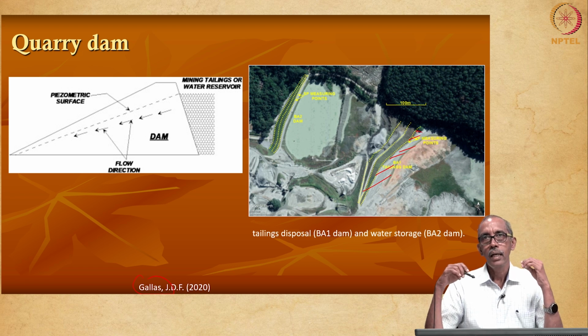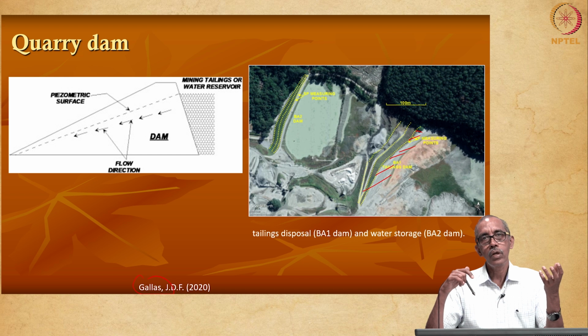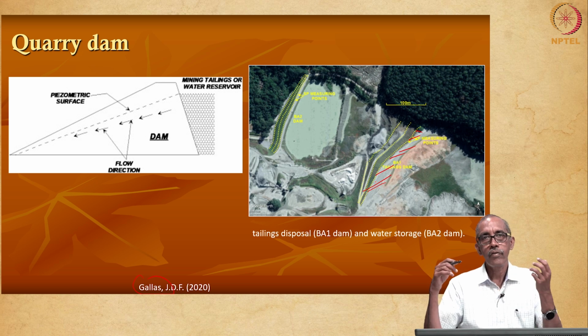Here is a dam where they are storing the tailings after processing the ore, after beneficiating the ore recovered from a site by a beneficiation plant, which leads to some waste as a slurry. This slurry is conventionally stored in a surface dam. Of course, all care has been taken to prevent leakage.